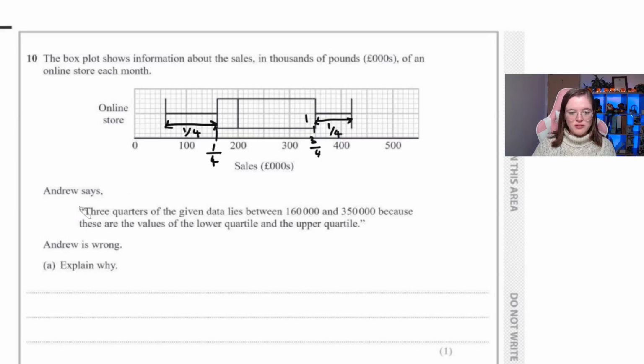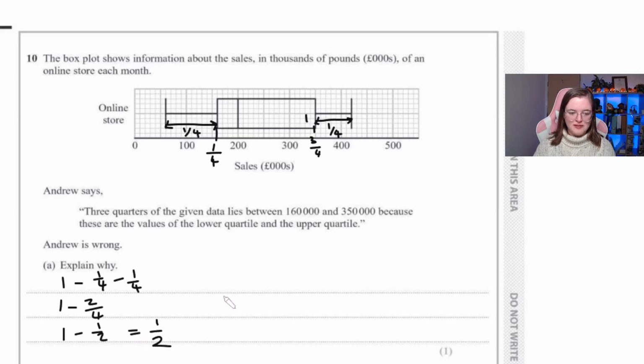So 3/4 can't lie between there because it's essentially a full one. Take away the bit to either side. So take away 1/4, take away 1/4. 1/4 minus 1/4 is minus 2/4, which is minus a half. So then we have 1 minus 2/4, which is 1 minus 1/2. 1 minus a half is a half.